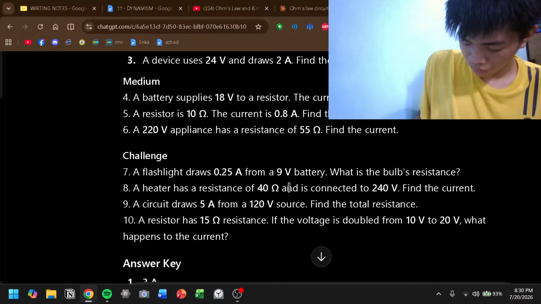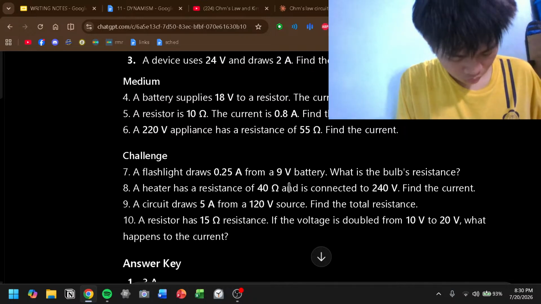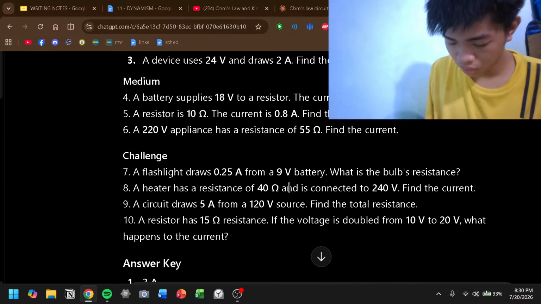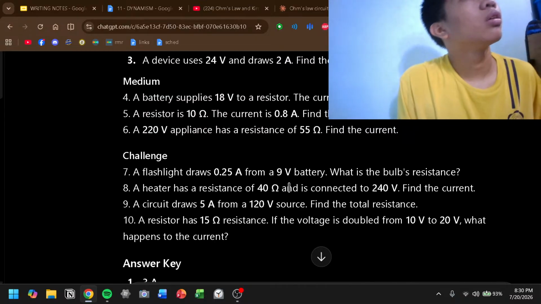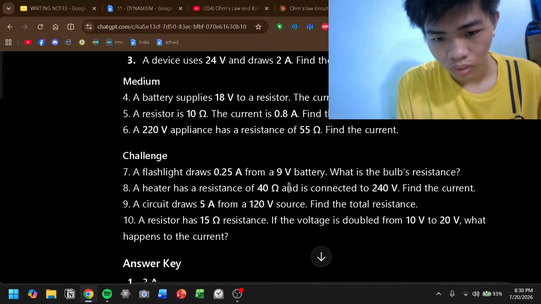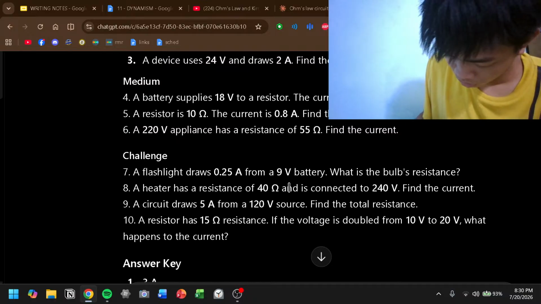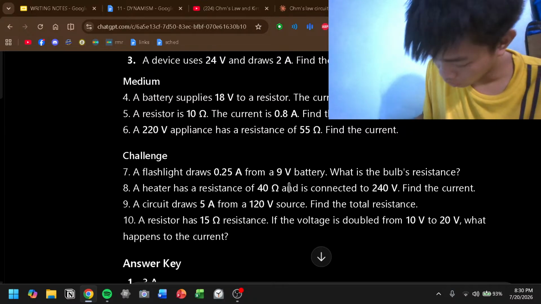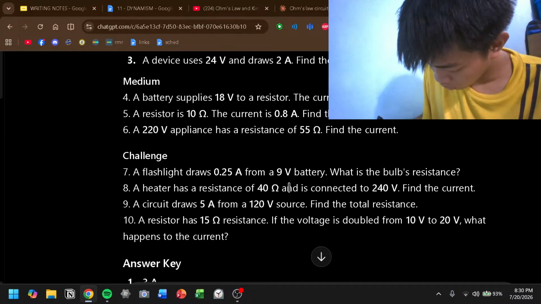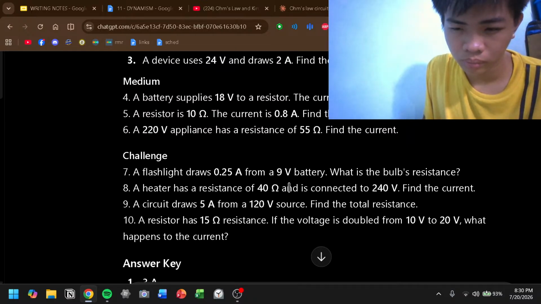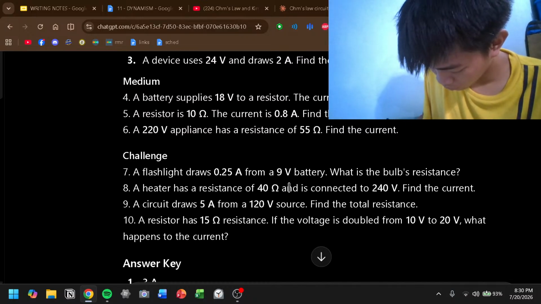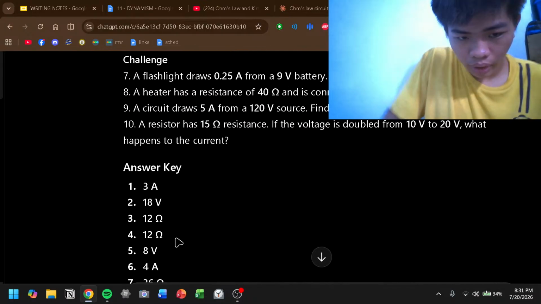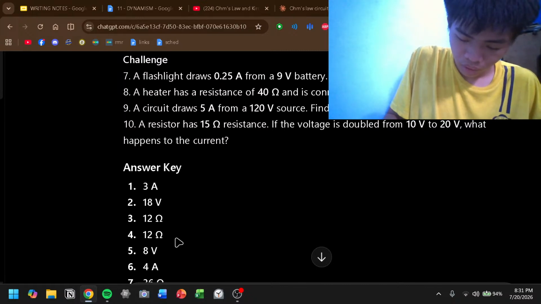Machine voltage. The voltage, the current will increase. Okay, wow, 3A.